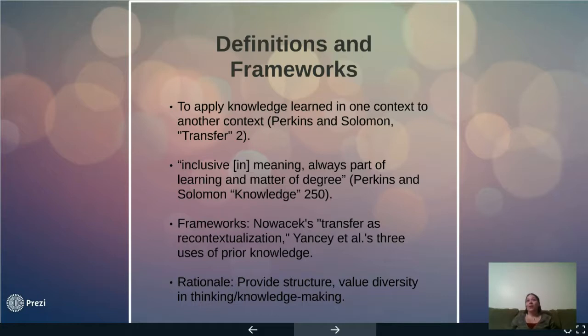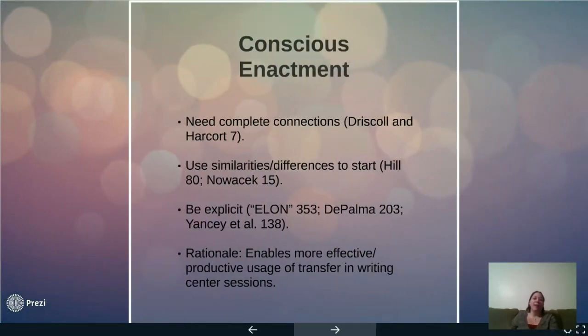And then we have the critical setback, where prior knowledge fails to provide success in a new context. And I think that one in particular is important because we might be seeing a lot of those students in the writing center. My reason for putting this here is that it provides structure for transfer, and it also values diversity in thinking and in knowledge making, which again is important to helping writers become better writers.